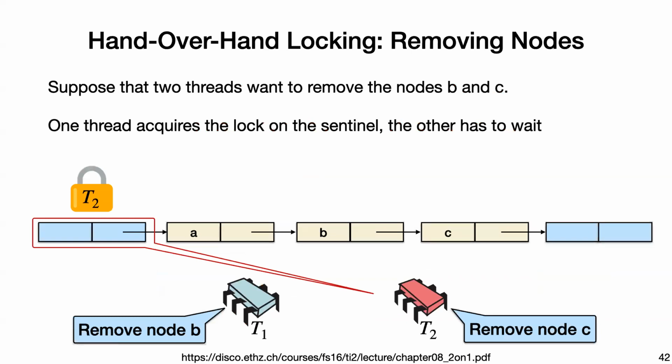So here's a more concrete example of how it works. Suppose that you have two threads, T1 and T2, and you want to remove nodes B and C. First, somebody has to acquire the lock on the sentinel, and the other one has to wait. Suppose that T2 got this lock on the sentinel.